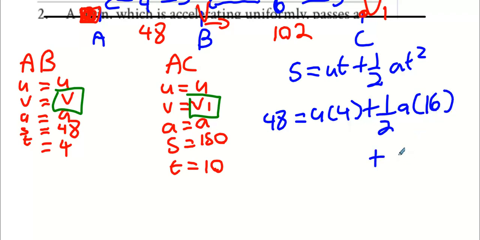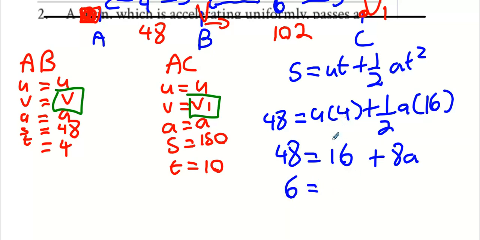I'm going to have 8A. Whoa, sorry, I'm wrong. That's not 16, that's 4U, isn't it? Sorry, that's my fault. I'm going to divide both sides by 4. So I'm going to get 12 equals U plus 2A. Is that all right?